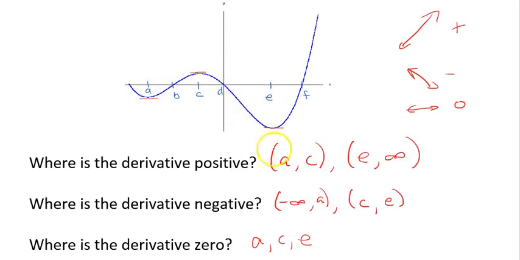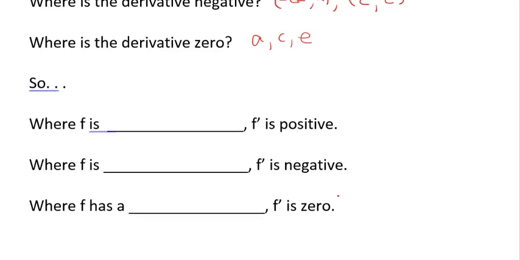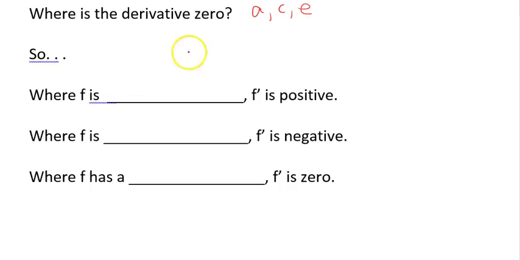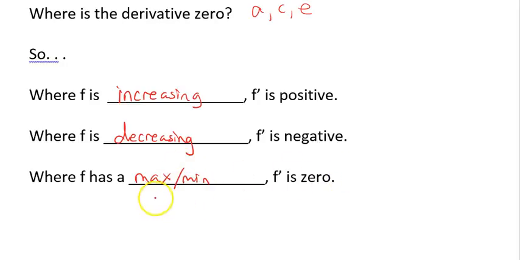Okay, so let's write those as fill in. The derivative is positive where f is increasing, where f is decreasing, the derivative is negative, and where f has a max or min, the derivative is 0.